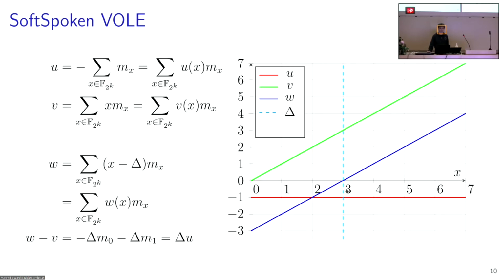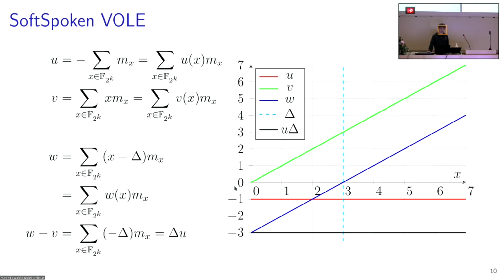Here delta is 3. Notice that again the difference W minus V is always minus delta down here. This is because W has been shifted down by delta in order to make its root be at delta. Therefore, W minus V is always U times delta, no matter what the message bits are. So this is a subfield VOLE correlation.